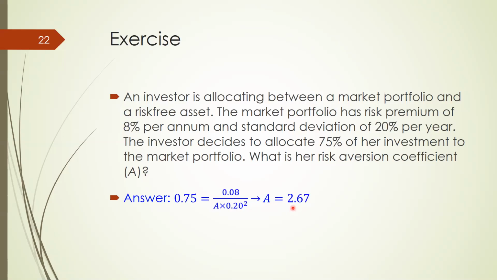So the investor with a risk aversion coefficient of 2.67 will allocate 75% of her investment into the market portfolio. By the same token, the investor who allocates 75% of her portfolio into the market portfolio reveals that her risk aversion coefficient is 2.67.